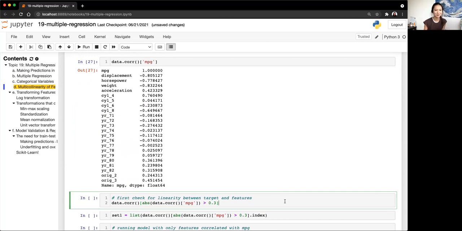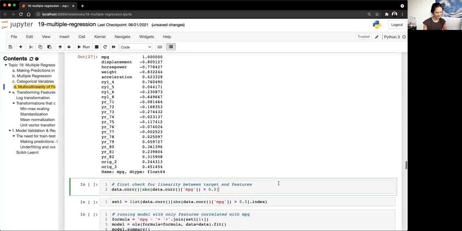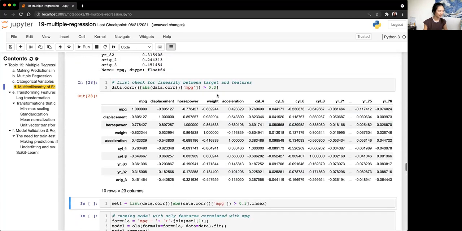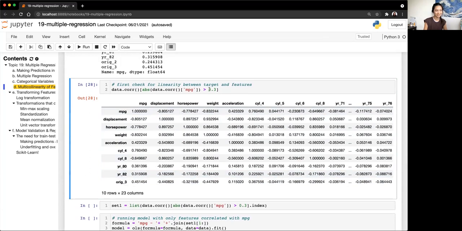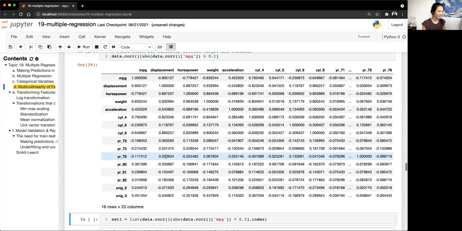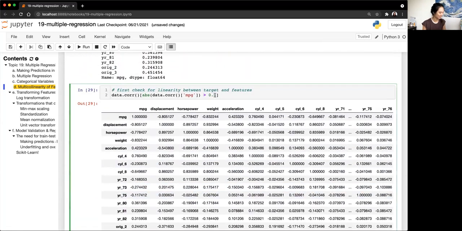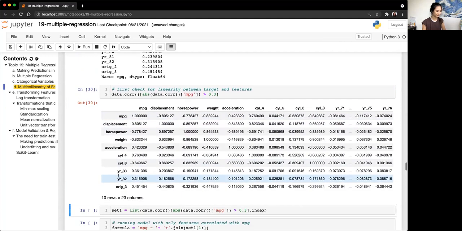You're going to do this in a much more iterative way because this is just going to cut out a lot of features right off the bat. So just like that, I'm only going to keep these features: displacement, horsepower, weight, acceleration, 4 cylinders, 8 cylinders, these 2 years, and origin. This is just me setting a threshold. If you want to do it in a less destructive way, you could probably start at a lower number and cut it out slowly. But let's just do 0.3 for now.